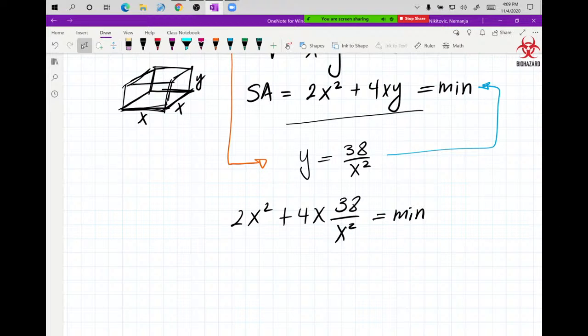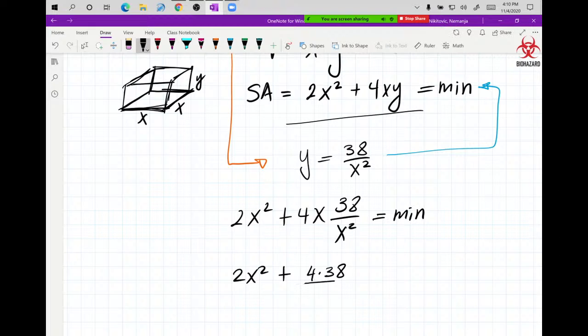Right? I have now 2x squared, so all of these things, that's good. Okay, so now we just simplify. That's 2x squared plus 4 times 38. I'm actually not going to multiply that, and I'll show you why.